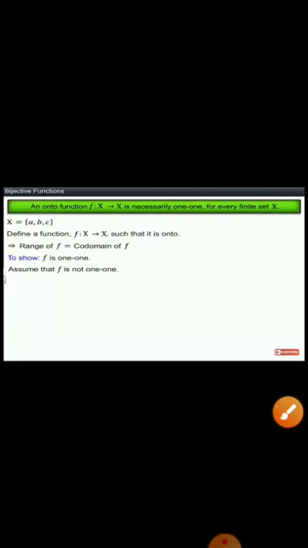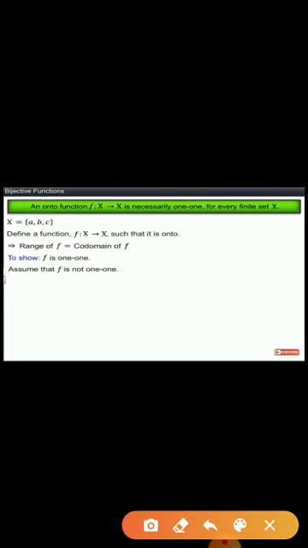Now suppose capital X is given to be {a, b, c}, we have to define a function such that it is an onto function. Onto, that means can we say that range of f and codomain are same? Yes. We have to check whether f is 1-1 or not.